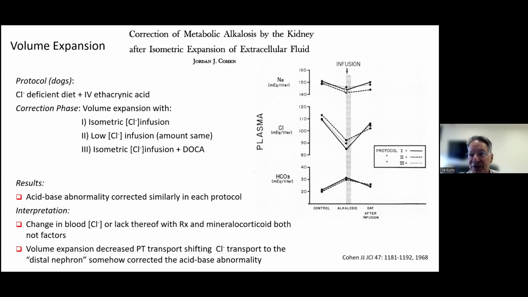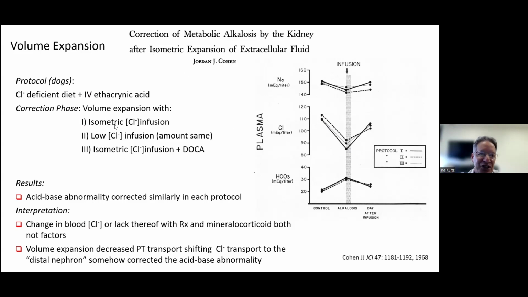So remember, when the metabolic alkalosis is created, the bicarb's higher, but the chloride's less. So they gave an IV with the lower chloride. They wanted to keep the chloride concentration of whatever it was during metabolic alkalosis and not what it would be in saline. And then they also gave a low chloride infusion, which matched the metabolic alkalosis.